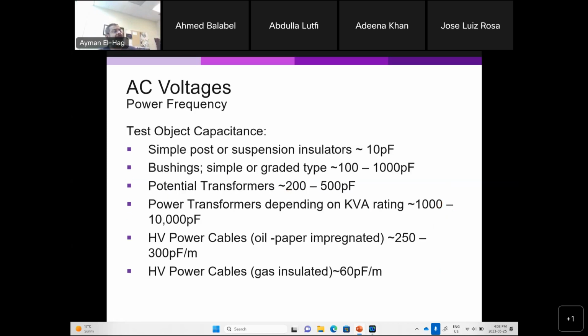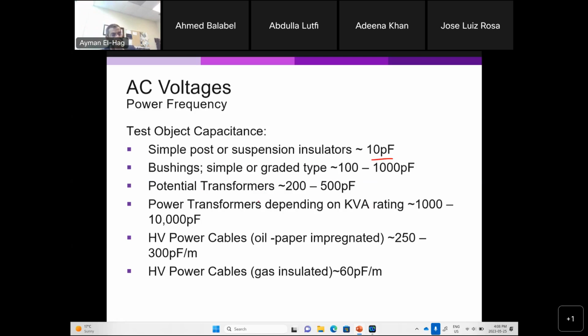So these are some typical values. It's very important to know the capacitance value of the asset that you are testing, because you want to see what the loading effect is, how much current it will take from your supply. Can your supply provide this current or not? So we have to know the capacitance. For example, simple post or suspension insulators are around 10 picofarad.